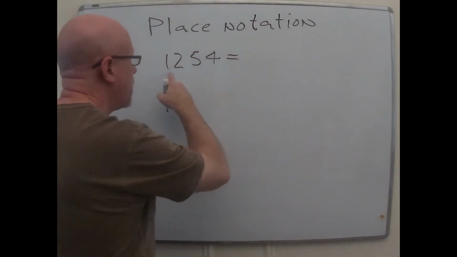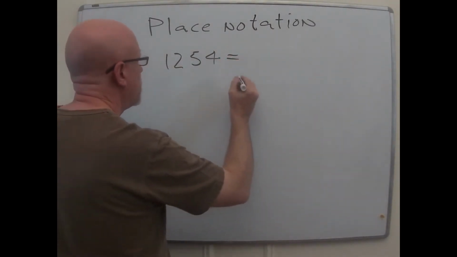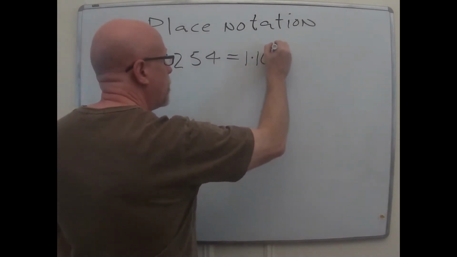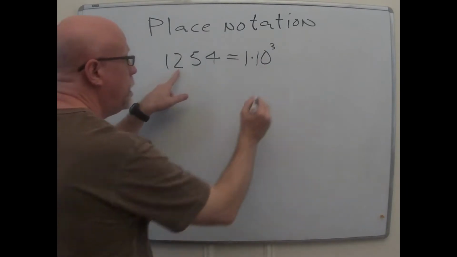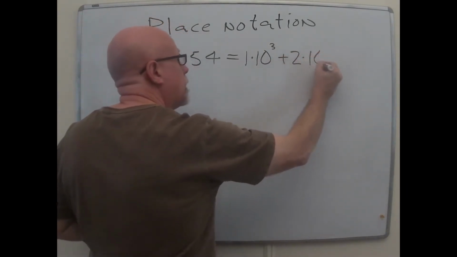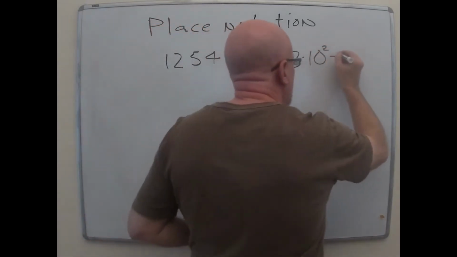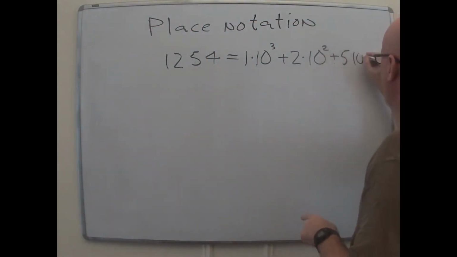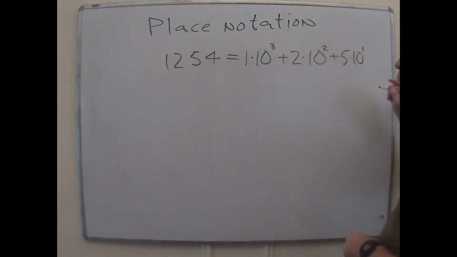If I write this thing out with the meaning of place notation, it's this: 1 times 10 to the third power plus 2 times 10 squared plus, what else, 5 times 10 to the first power, and finally 4 times, well, you could write it as 4 times 10 to the 0, but I most often leave that off.